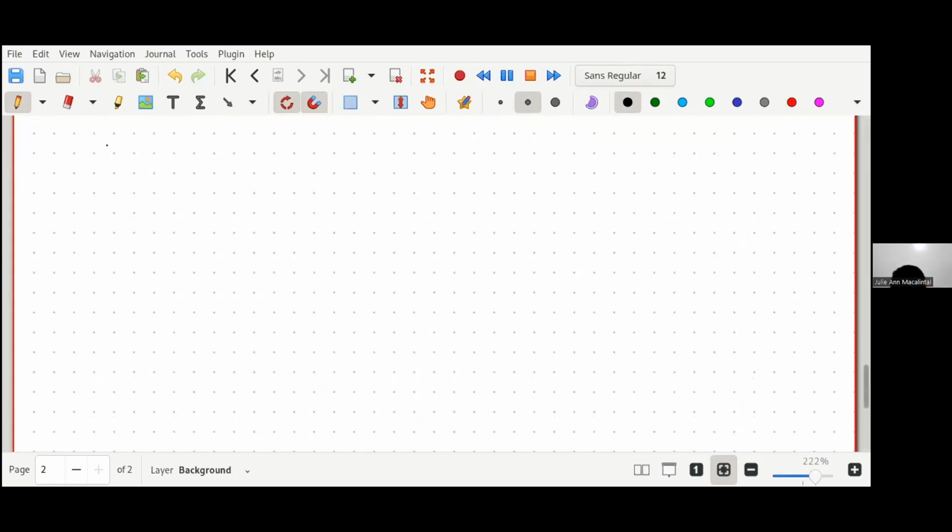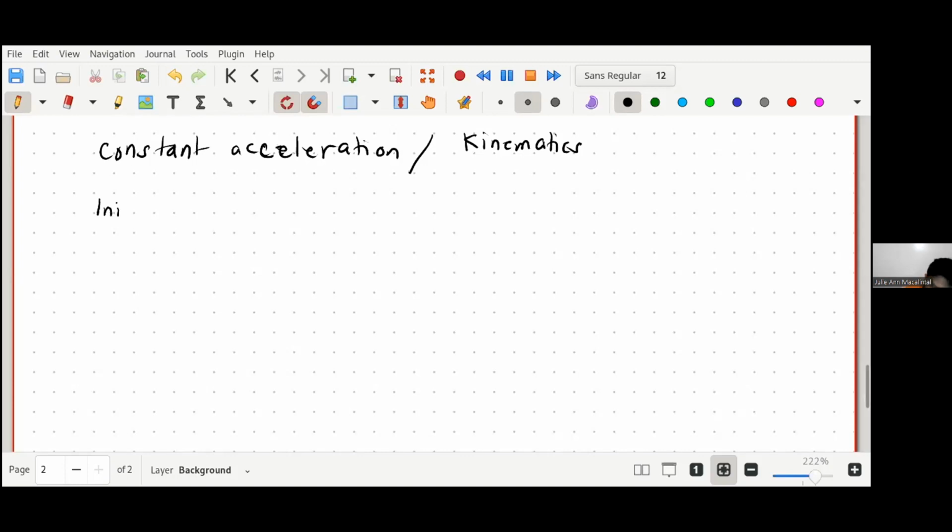So, ito yung constant acceleration equations, kinematic equations. Yun yung kinematics, that's description of motion. So kinematics of constant acceleration. So set up natin yung initial conditions.